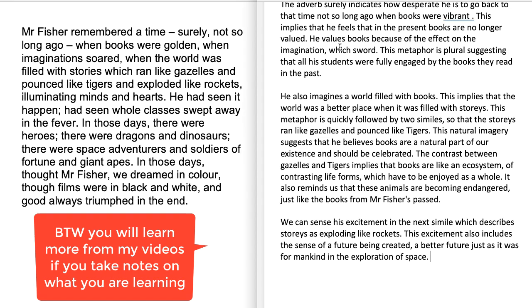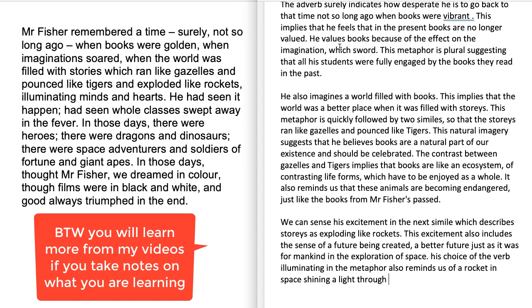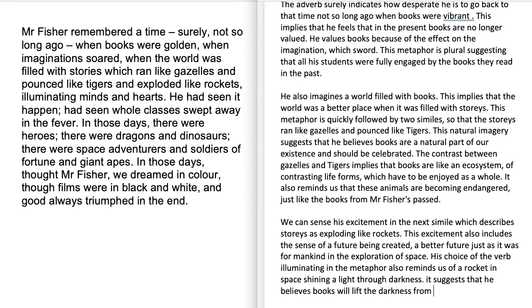His choice of the verb illuminating in the metaphor also reminds us of a rocket in space shining a light through darkness. Full stop. It suggests that he believes books will lift the darkness from our minds and hearts. Full stop. Right, my next bit.